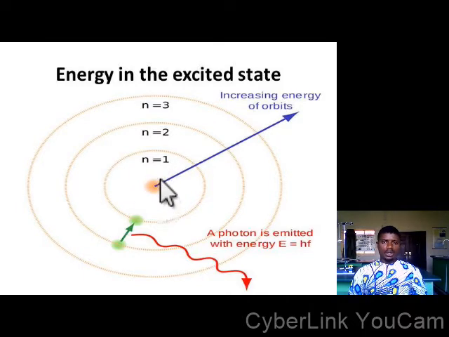This is the nucleus of the atom, where you have the proton and the neutron. The proton and the neutron are located here, and then here is where the electron is located. So this is the first one here. This is your n1 shell, n2, n3. So here you will have your f1, f2, f3.